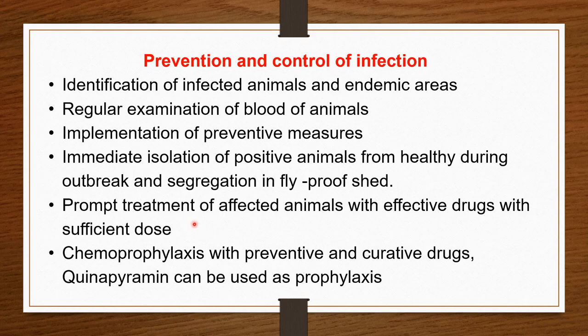Prompt treatment, otherwise the infection will spread very fast, and a sufficient dose to avoid resistant strains. Chemoprophylaxis with preventive and curative drugs. We have already seen in the treatment aspect that quinapyramine can be used as a prophylaxis.